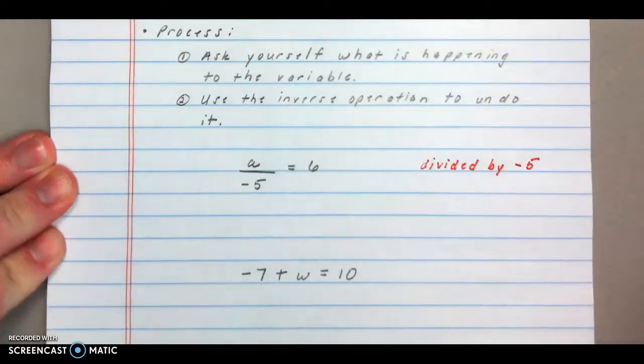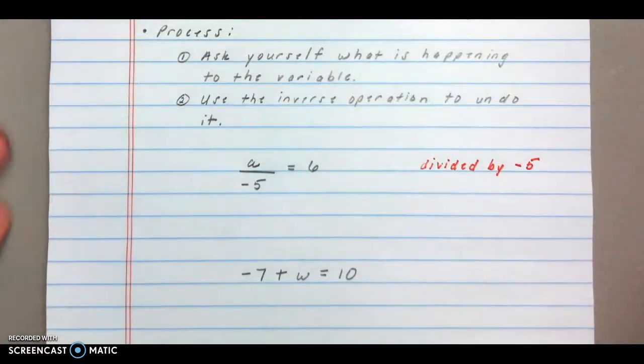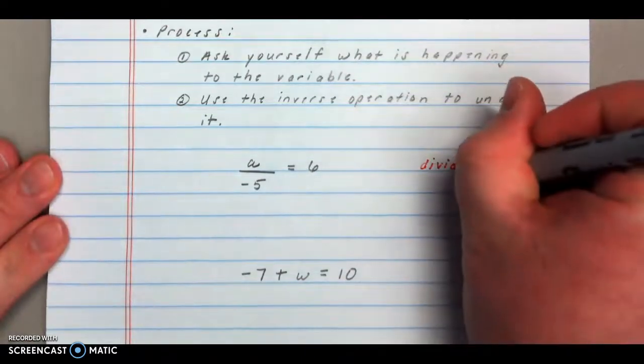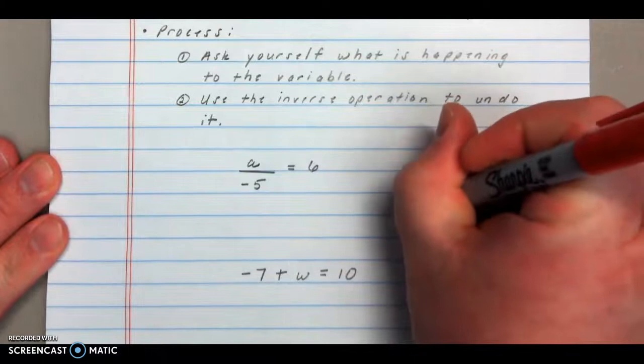So the inverse operation to undo that, instead of dividing by negative 5, we're going to multiply by negative 5. Okay, so that's how we get rid of division.